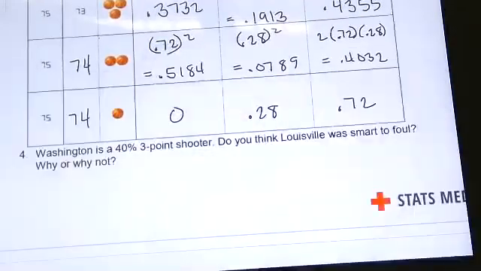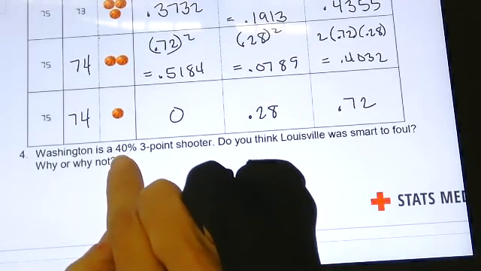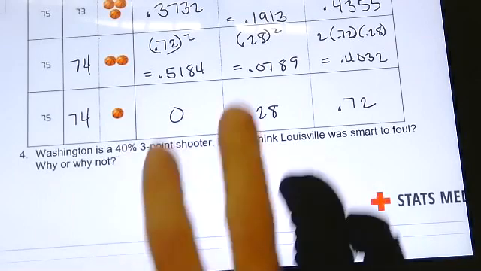Now, the question here: Washington is a 40% 3-point shooter. So in other words, if Memphis had not fouled him and they let him attempt his 3-point shot, he would have had a 40% chance of making the shot.